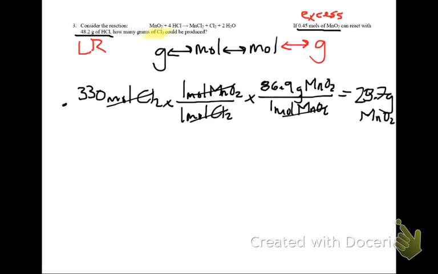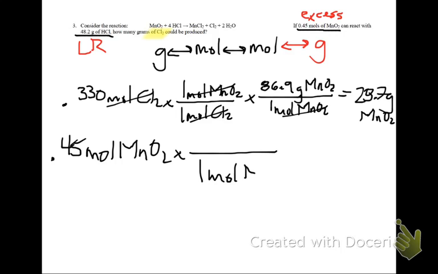Alright, so how many grams did we start with? Well, if we look up, it's in moles. So we can't subtract those two numbers because they're not the same units. So we need to convert that over to grams as well. So we have 0.45 moles of manganese dioxide that we started with. And 1 mole of manganese dioxide still weighs 86.9 grams.